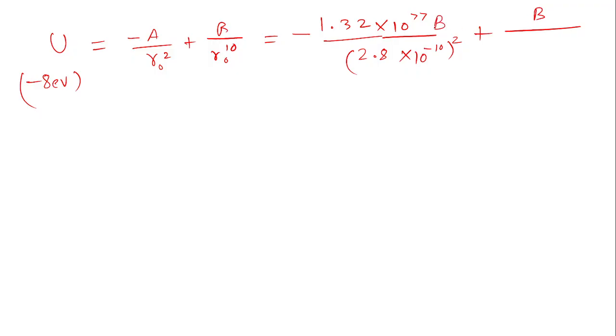This is in terms of b, and then 2.8 times 10 to the power minus 10 to the power 10. When we solve this, we'll get the value like this. So it's getting complicated.